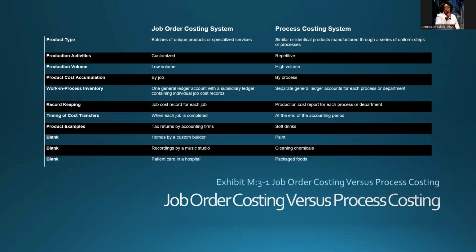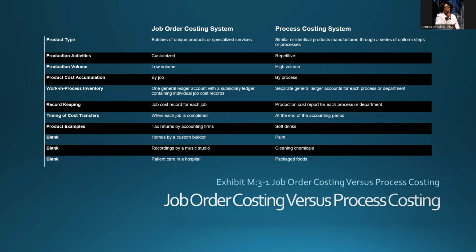In job order costing, there is a single work in process inventory account that's supported by a subsidiary ledger that contains detailed cost records for each individual job. Costs are moved to the finished goods inventory once a job is completed.